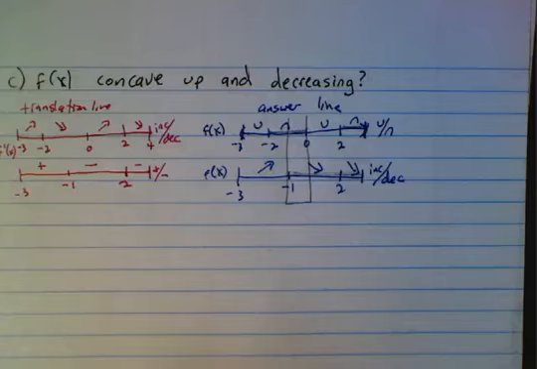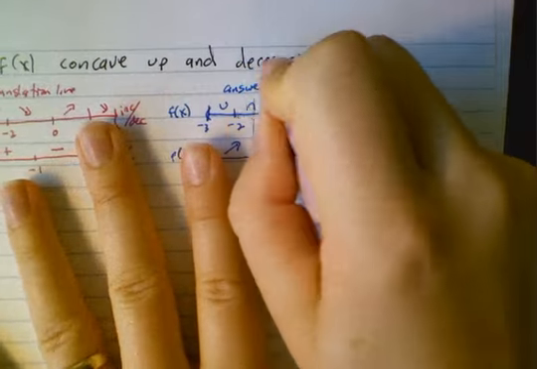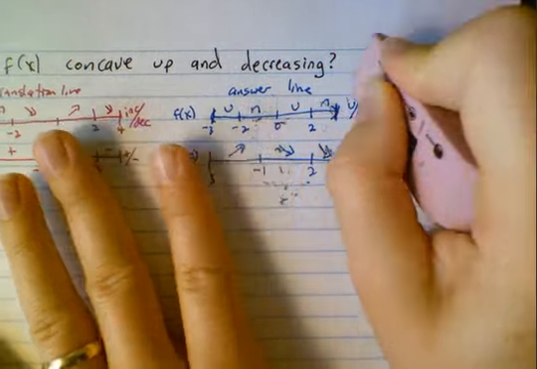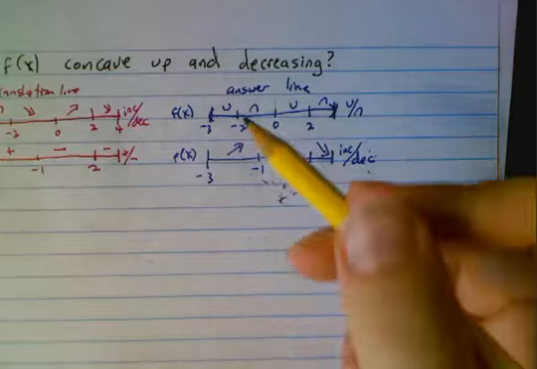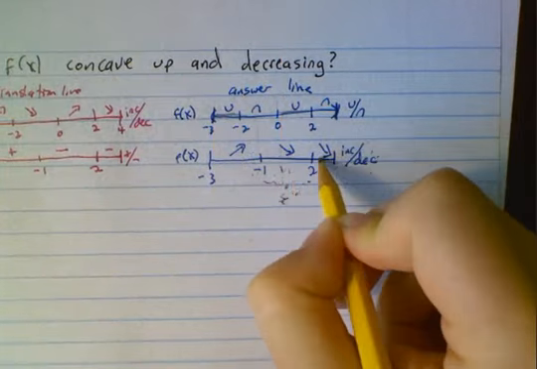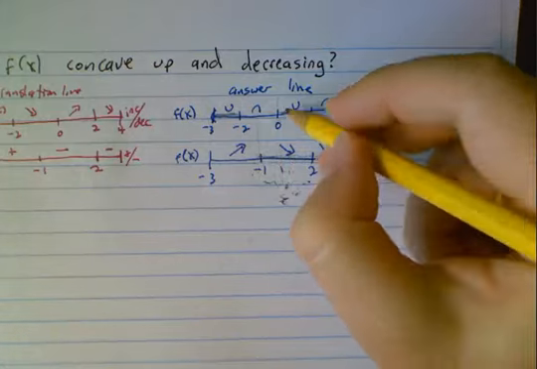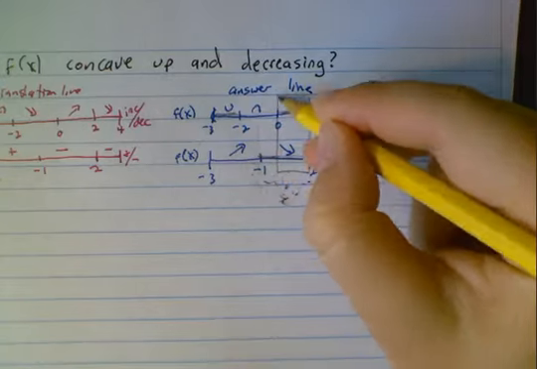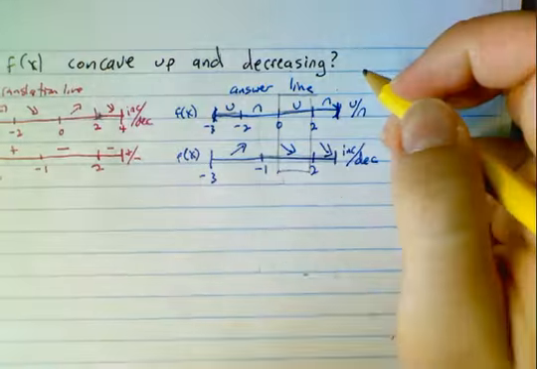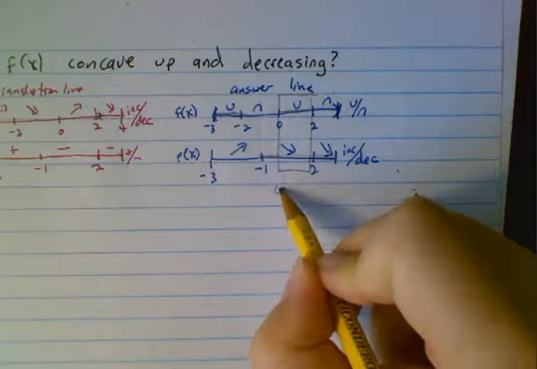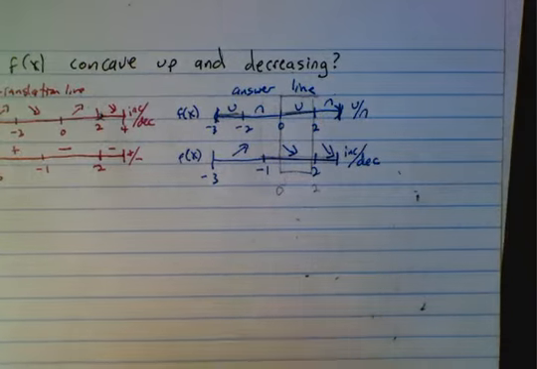Oops, my bad. I totally shaded concave down. Concave up is right here. Concave up is right here. Decreasing is right there. So here is where we have the overlap between concave up and decreasing, starting at 0 and ending at 2.